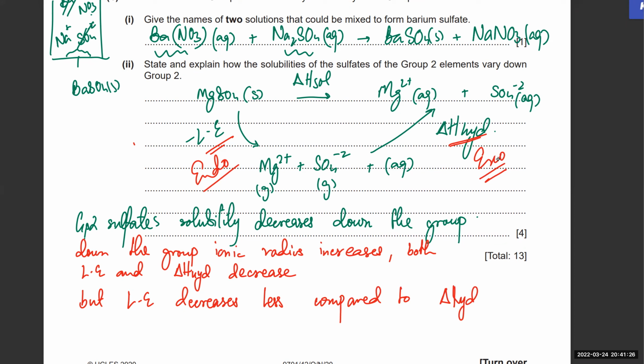So this is big and this is, relatively speaking, small. The endothermic part is bigger and the exothermic part is smaller, which is why the overall thing becomes more endothermic. Hence, enthalpy of solution becomes more endothermic.